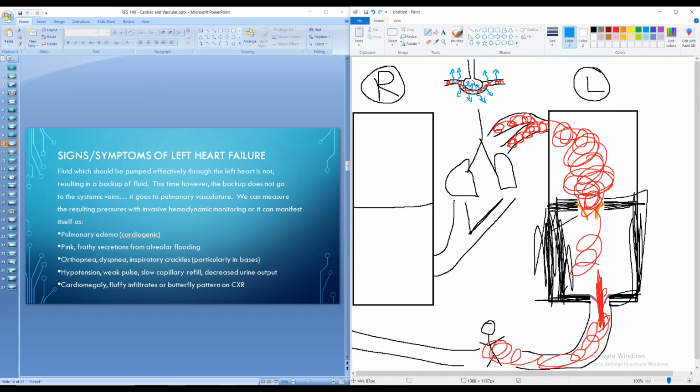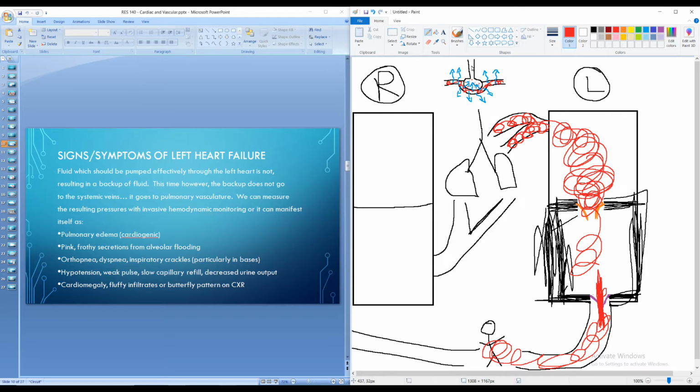And along with that, there's all the fluid, and every now and then a red cell makes its way out. So it's mostly water, but it's got a few red cells floating around in there. So when the patient coughs these secretions up, that's what gives them the pink appearance, and the frothiness comes from the fact that CO2 is still diffusing out here.